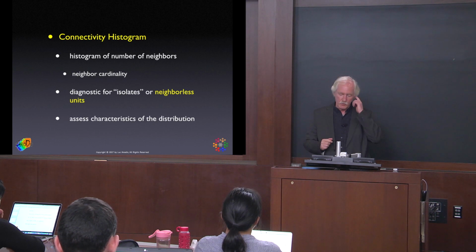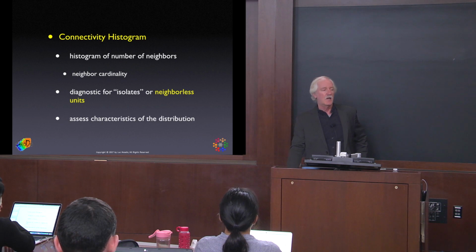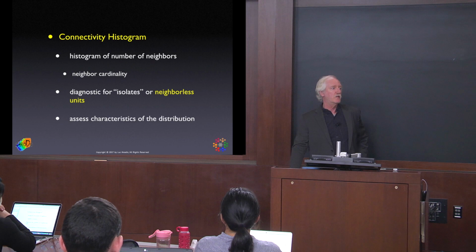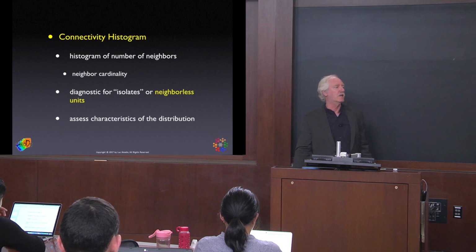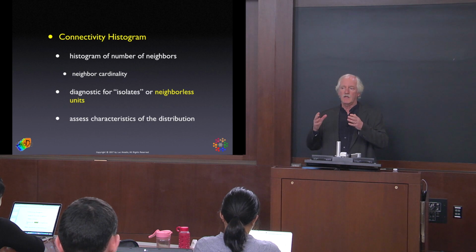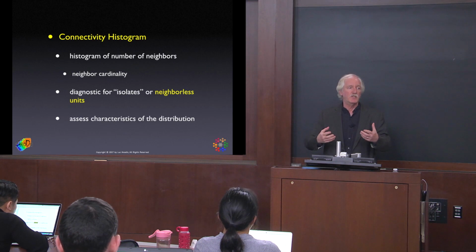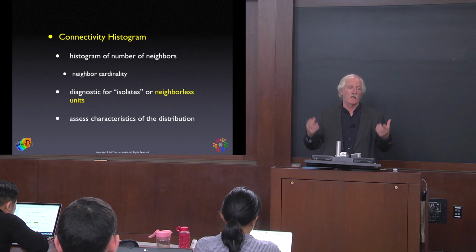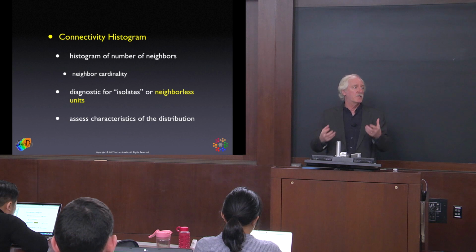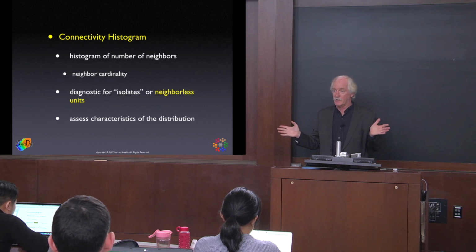What we also don't want to see, and I just want to spend a couple of minutes on this, is isolates. What do we do with observations that don't have any neighbors? When they don't have any neighbors, they're not in the network. You still have them as observations, but they're not connected to anything. So if you're interested in modeling interaction, they're not playing, so to speak.